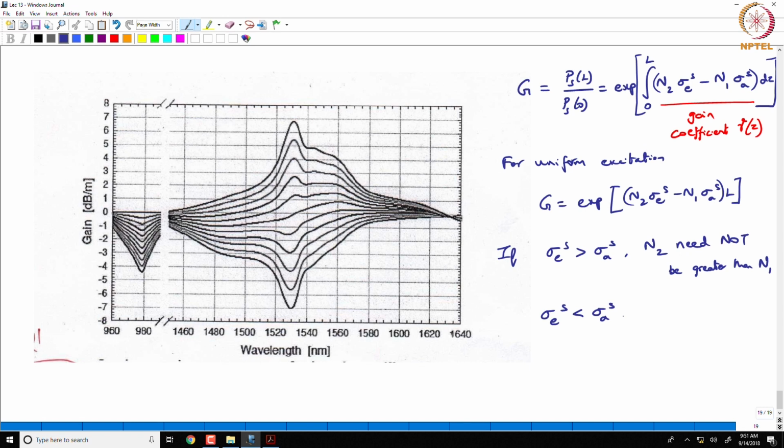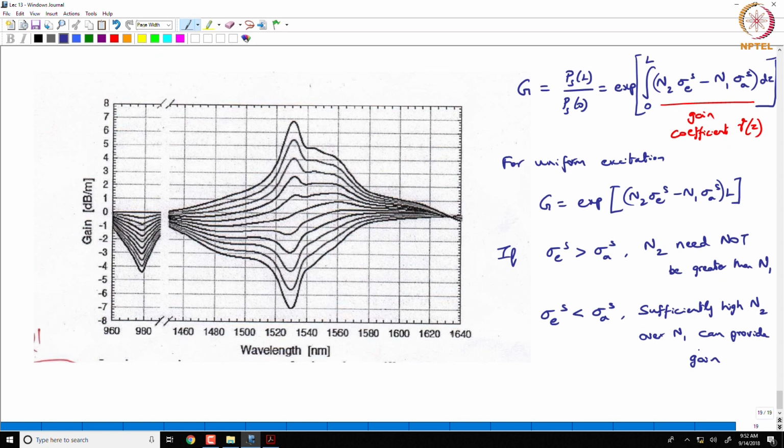No. What it all just means is that sufficiently high N2 over N1 can provide gain. Okay. So, if sigma E is less than sigma A, you just need to overcome that with a higher fraction of these rare earth atoms in the excited state compared to what's in the ground state.